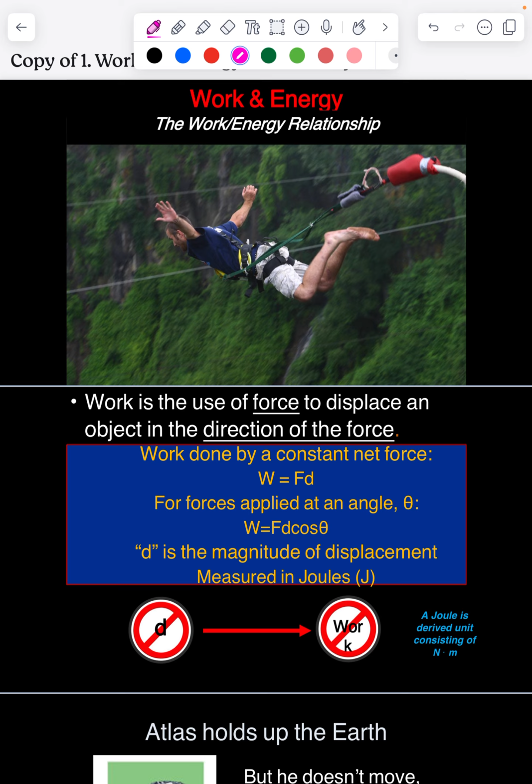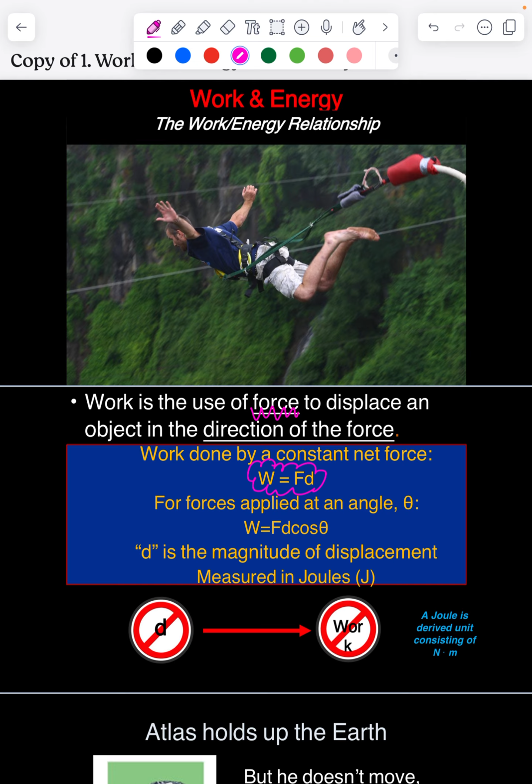Whenever we talk about the physics quantity of work, it means that we have applied some force to move an object some distance. All right, so that gives us our first equation for this unit. Work is equal to force times displacement.